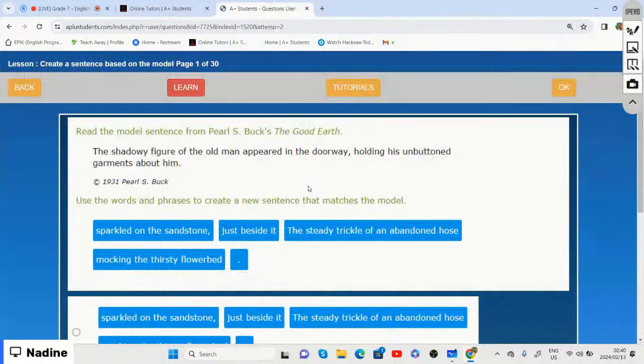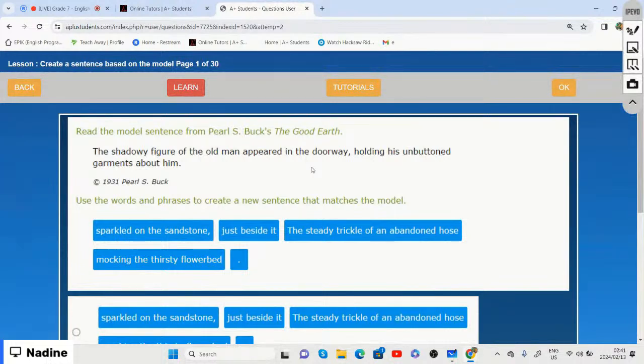And then if we were to create a new sentence by using the broken down method of creating a sentence, we use the words and phrases to create a new sentence that matches the model. All right.